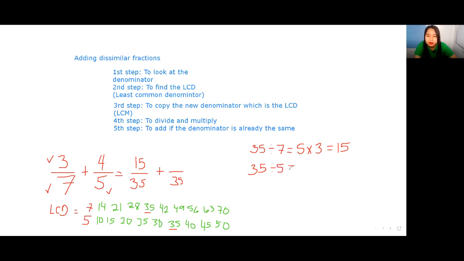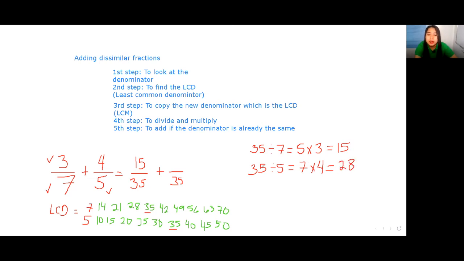And then 35 divided by 5. Okay, very good. So it is 7. And then 7 times 4 equals, okay, very good, 28.